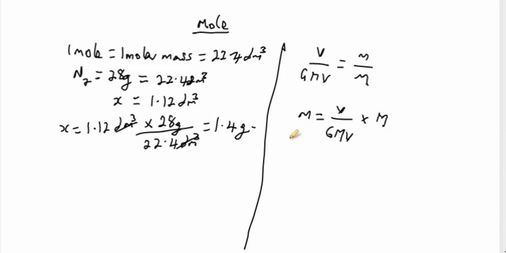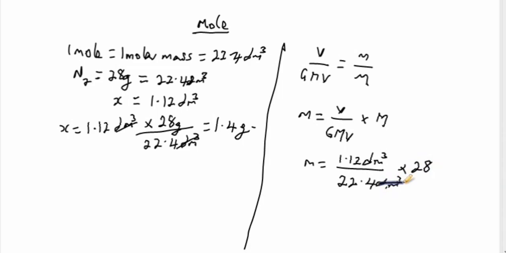The volume given is 1.12 dm cube over the GMV at STP, 22.4 dm cube, times molar mass, which is 28 grams per mole.